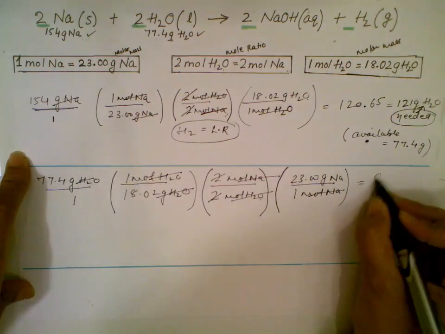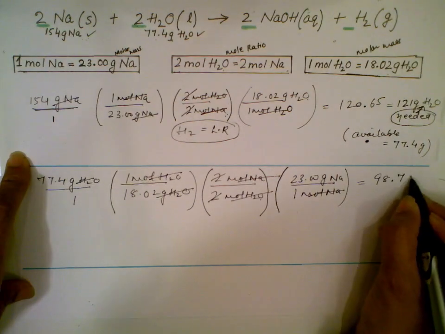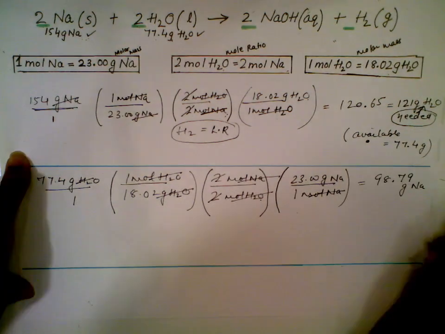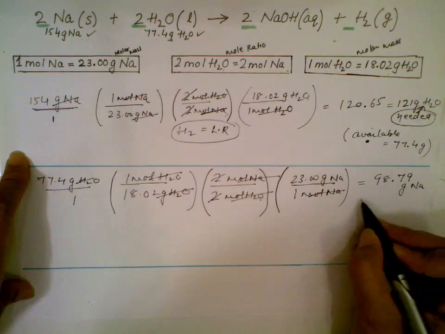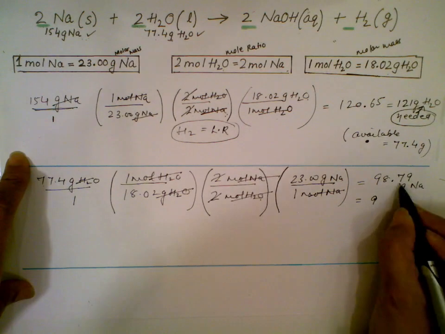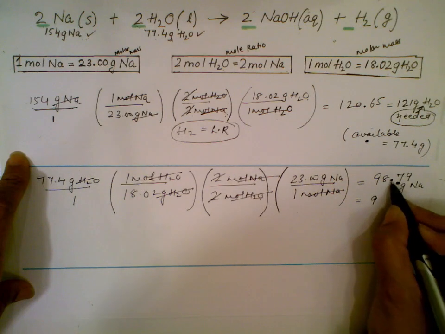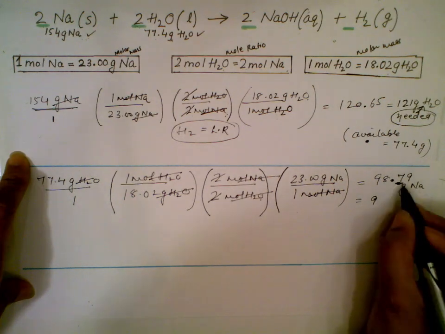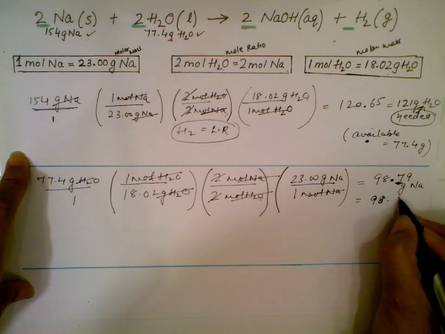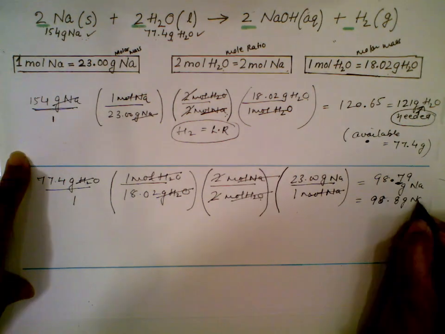When you plug it in, you are going to get 98.79 grams of sodium. Don't forget the unit. You have 3 sig figs, so you are going to round off here at 7, and the next number is 9, so it is 98.8 grams of sodium, right?